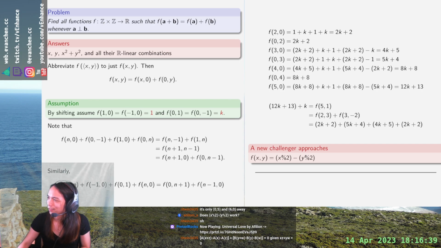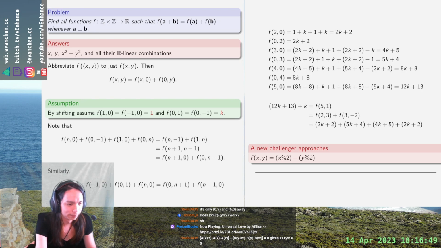Shit, how do you check this? Yeah, but that means I have to do cases.